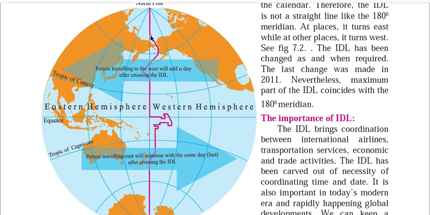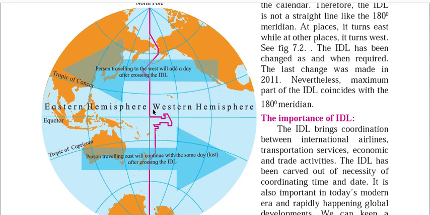Okay, so we have distorted this international dateline as per our convenience like this, but the majority of this international dateline overlaps the 180-degree meridian. So you can see over here there is a small distortion for our convenience, because there are small island groups over here, and people don't want any inconvenience in having a local time in their country.